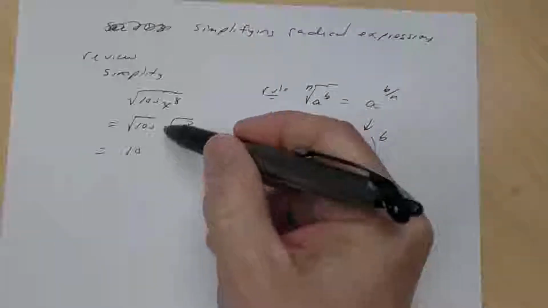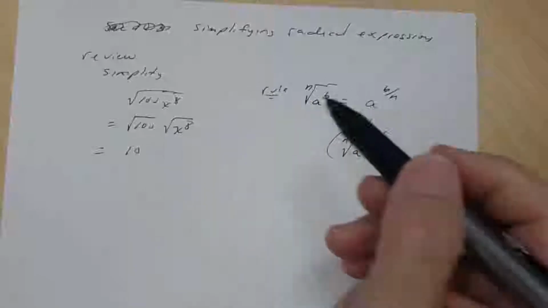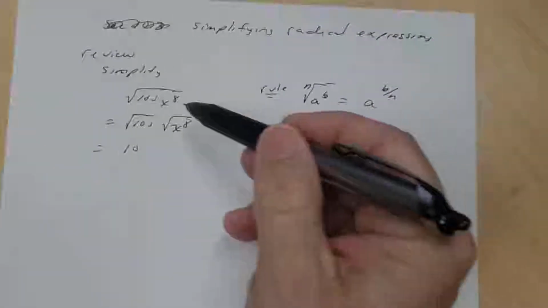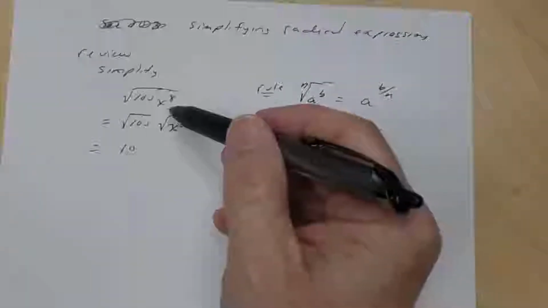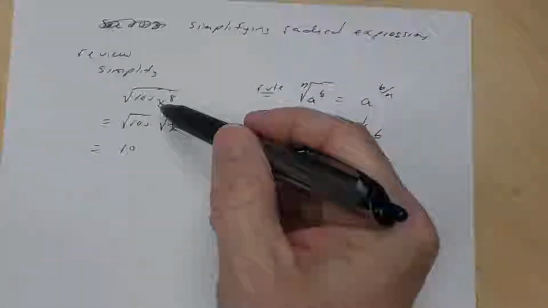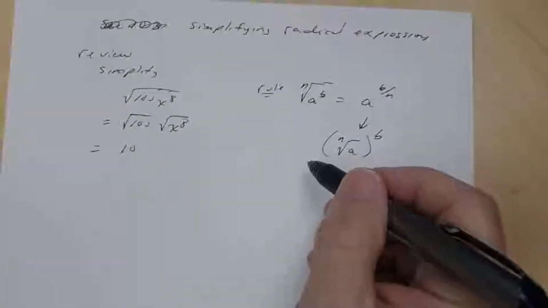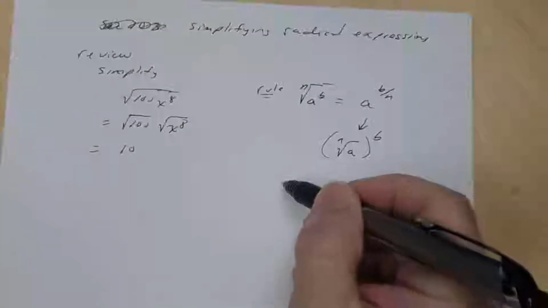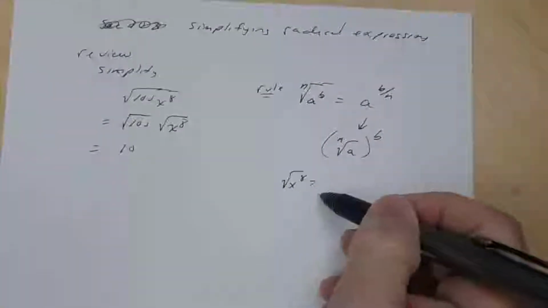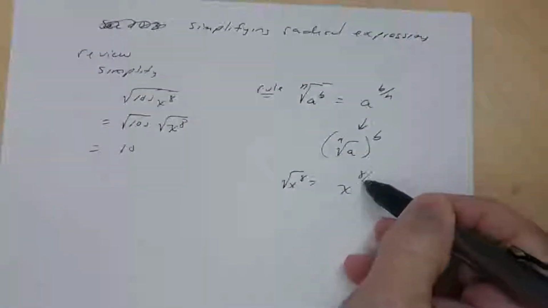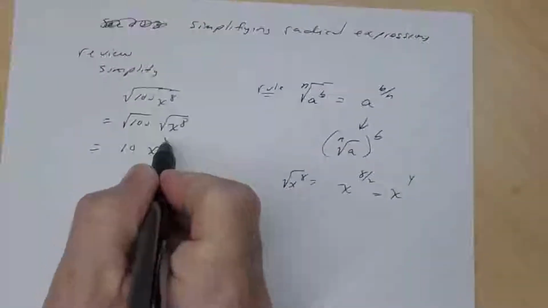So in this case, although you're using a shortcut, 8 divided by 2 is 4, and also we're going to assume in this lesson that all the variables represent non-negative real numbers. So that means you don't have to worry about using absolute value. Using this rule, that's the same thing as x to the 8 divided by 2, which is x to the 4th power.